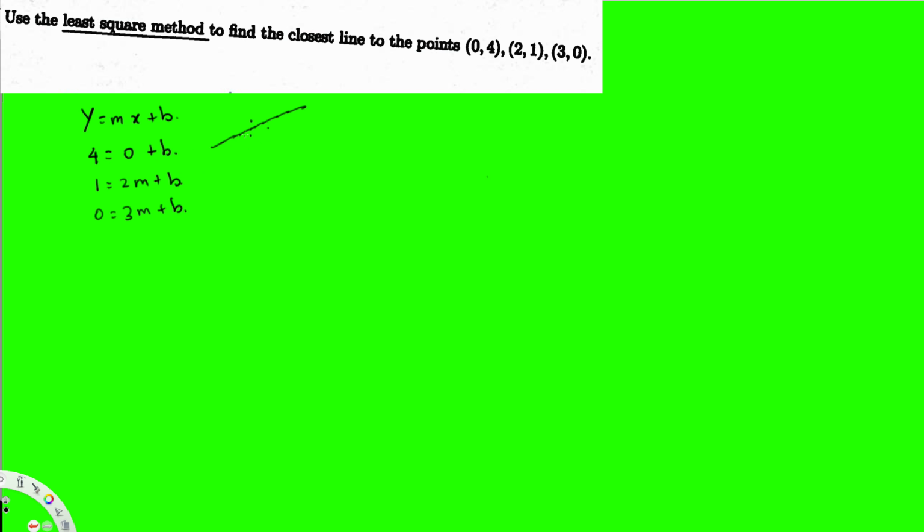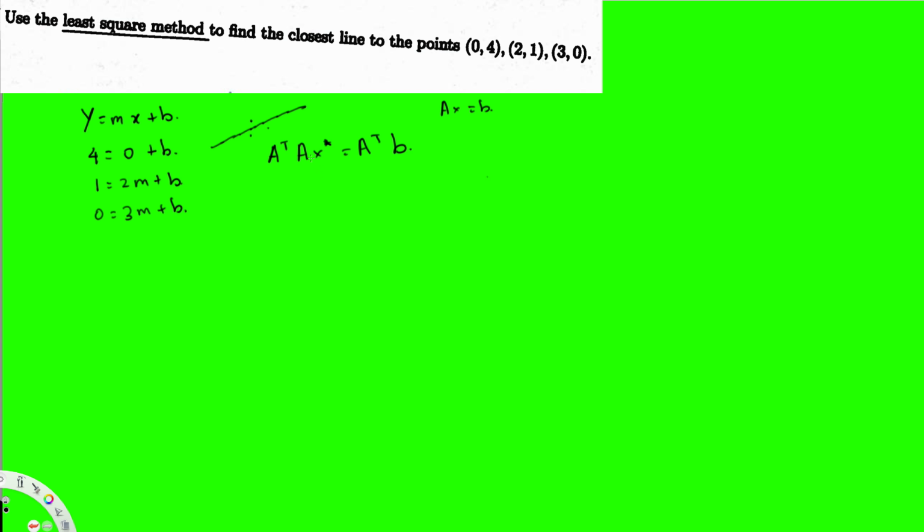To find this, there's an equation for that: A transpose A x star is equal to A transpose B. Usually with the equation Ax equals B, we can't find anything because we will get different values. That's why we are using the least square method to find the approximate nearest value.